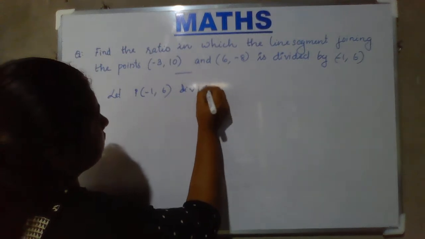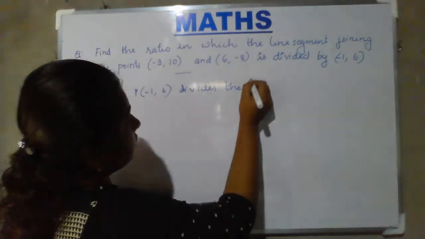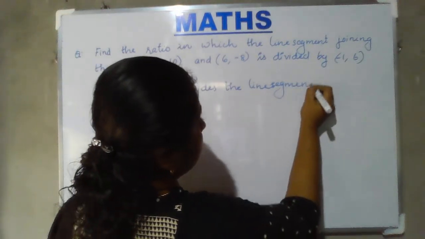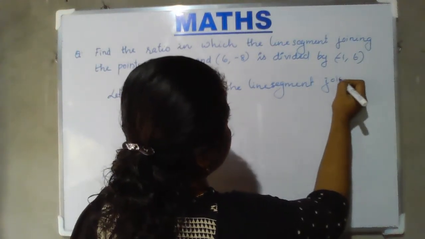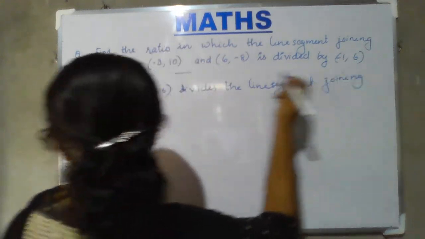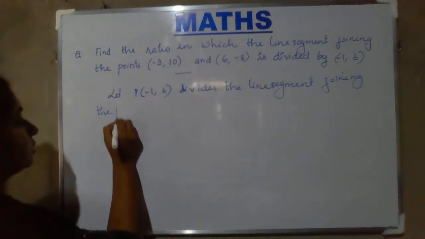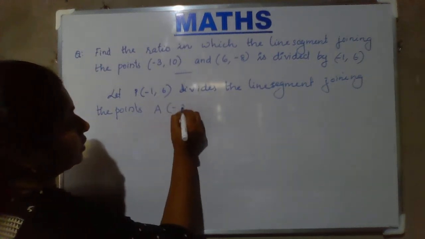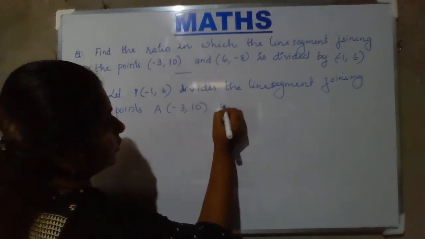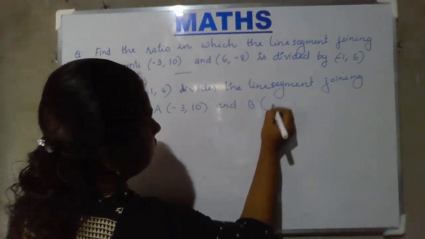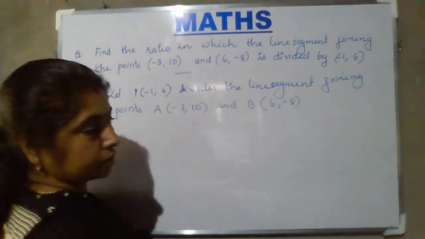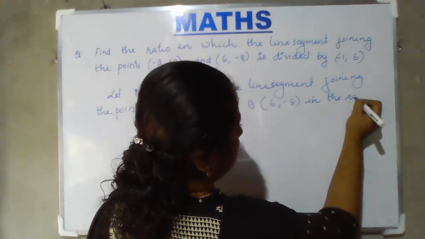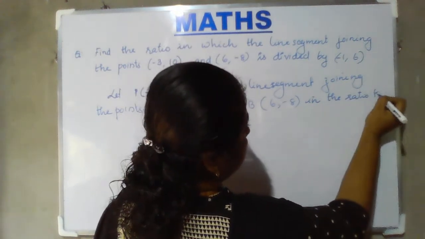So we can write, let P(-1, 6) divide the line segment joining the points A(-3, 10) and B(6, -8) in the ratio k is to 1.